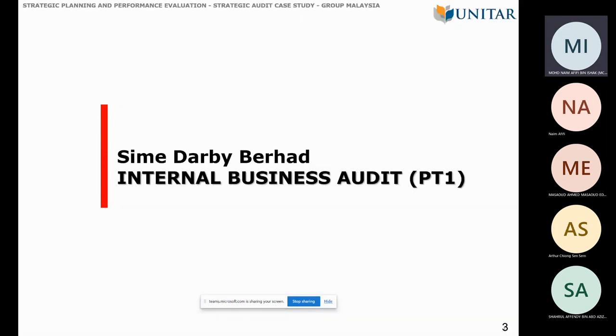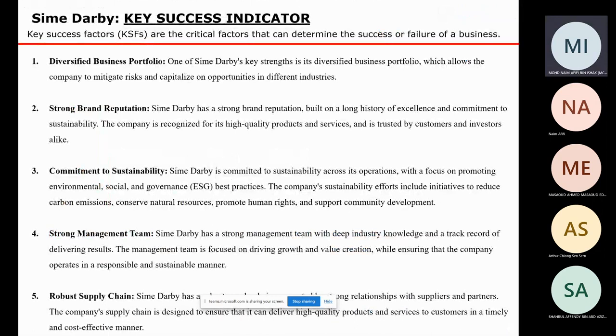So next, let me go toward the internal business audit. On this, I would like to focus first on the key success indicators.